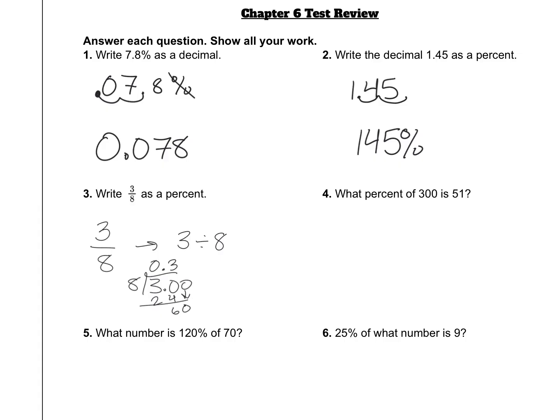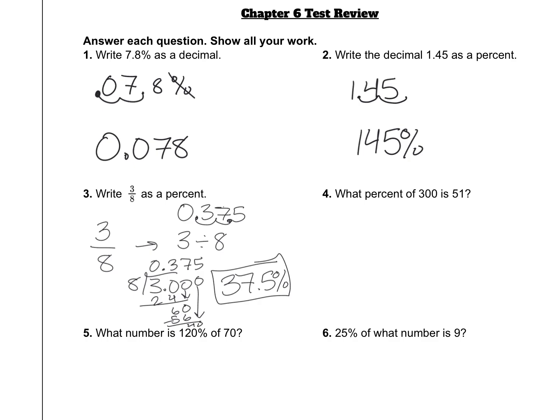We'll drop in a 0. 8 can go into 67 times. That would be 56. Leaving me with 40 when I drop down another 0, and 8 goes into 45 times. I get a decimal of 0.375. I'll move my decimal point twice to the right and say that this is 37.5%.